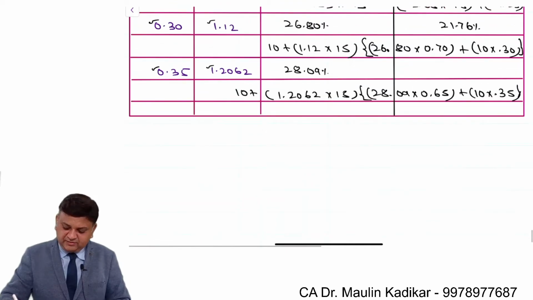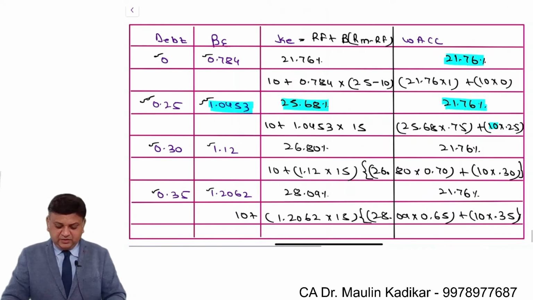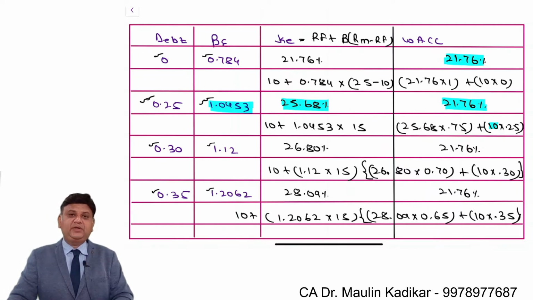That is again 21.76. What I want to tell you, friends, is that for every capital structure, the weighted average cost of capital would be 21.76% only because of a concept like this.